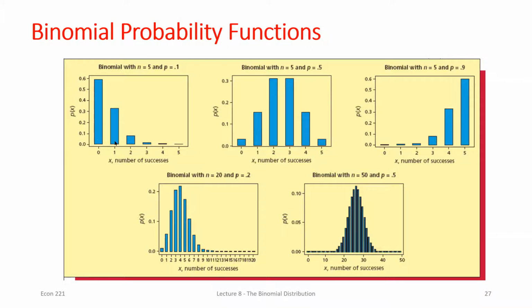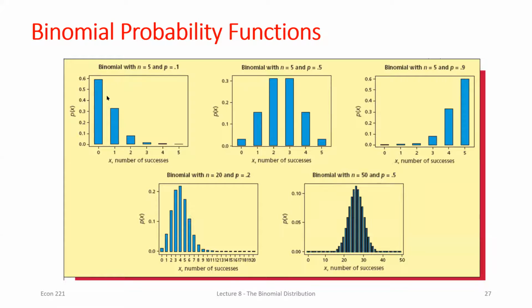Here, the two most likely outcomes are 0 and 1. And just because I'm saying they're the most likely, they don't have to be equally as likely. Notice here, 0 is a little bit more likely than seeing 1. But of all the outcomes, 0 and 1 are the 2 most likely. They have the 2 highest probabilities.